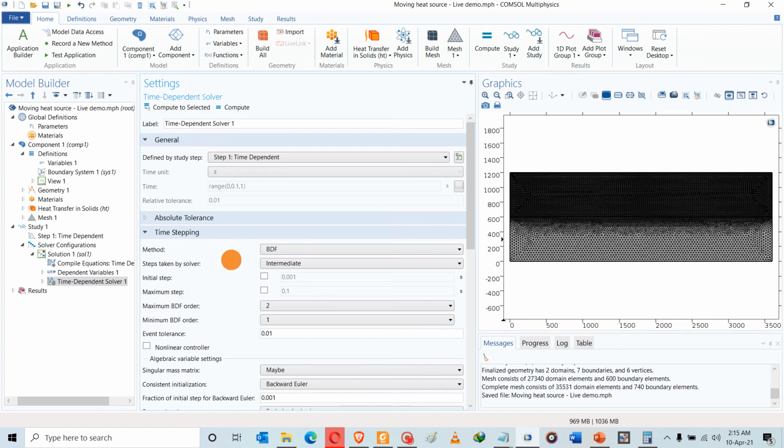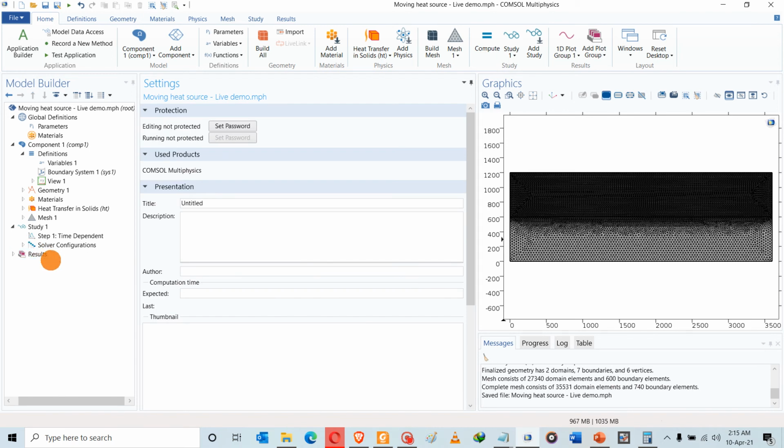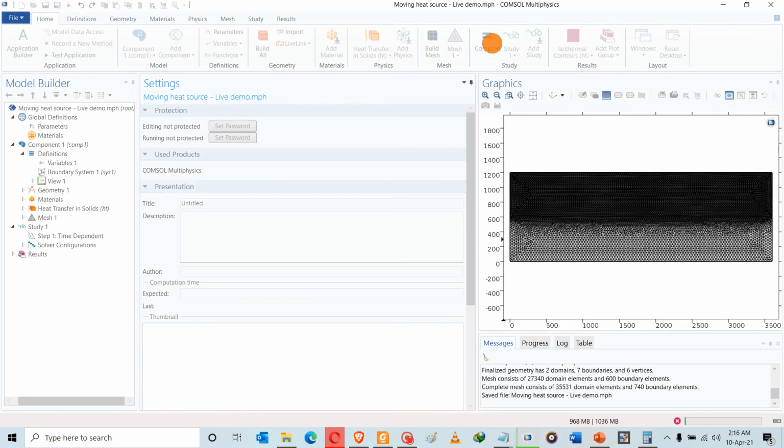You can force the computation to follow the time stepping, or at least give it some room to figure its way around the time stepping so that it finds the solution. Okay, so let's see if this simulation works. We're just going to give it a dry run and see what happens. Compute.